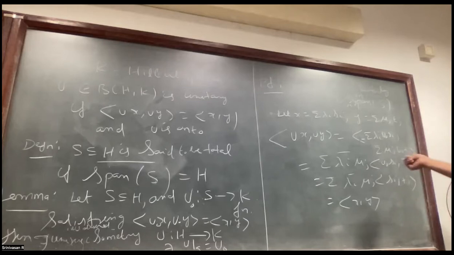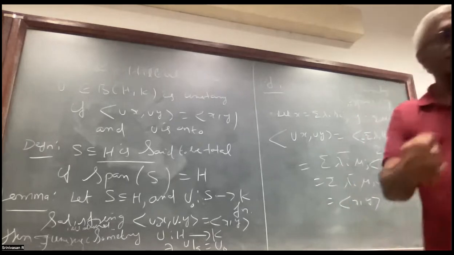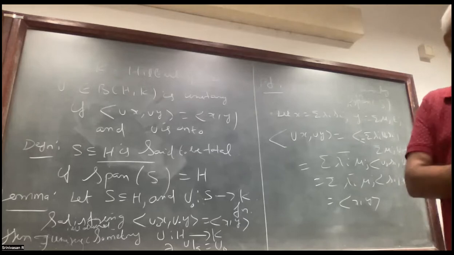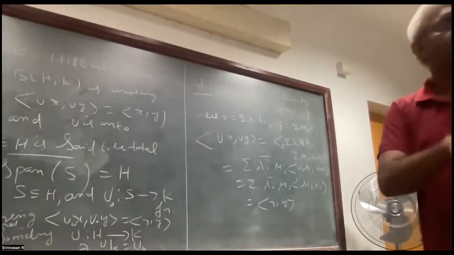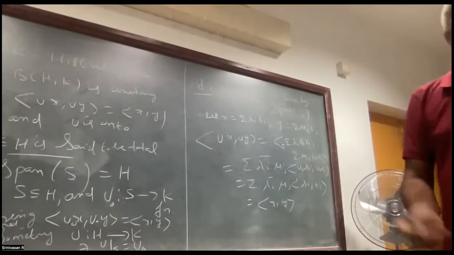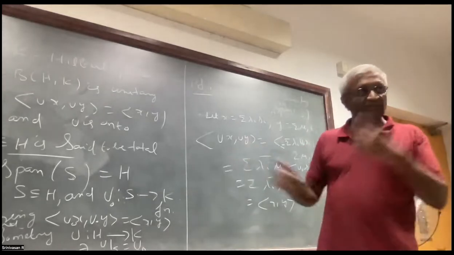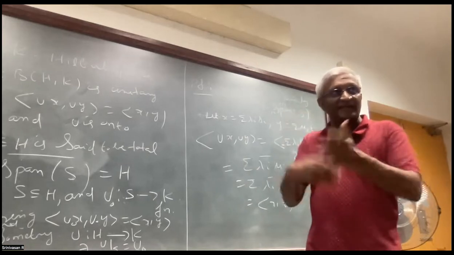So you should remember this fact: if a linear operator preserves the norm on a subspace, or on the whole space, then it's unitary. Then it will preserve the inner product also because of the polarization identity. But if it preserves the norm only on a total set, it will not preserve the inner product, because the polarization identity requires some linearity among them.